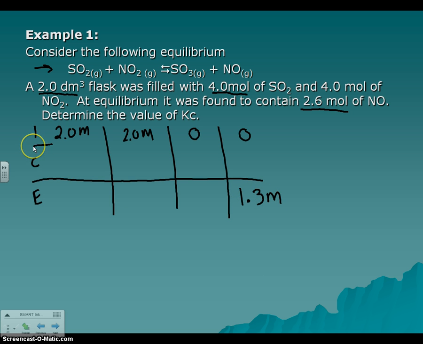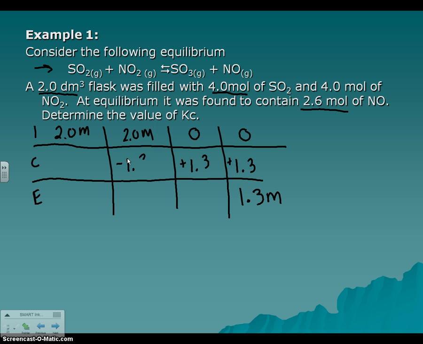So now what I need to do is fill in my other boxes. So C stands for change. How are things going to change? The reactants have to go down and the products have to go up. Well, I know that since my NO is ending at 1.3 and started at 0, this change is 1.3. It's a 1-to-1 ratio between the sulfur trioxide and the nitrogen monoxide, so that's also a positive.